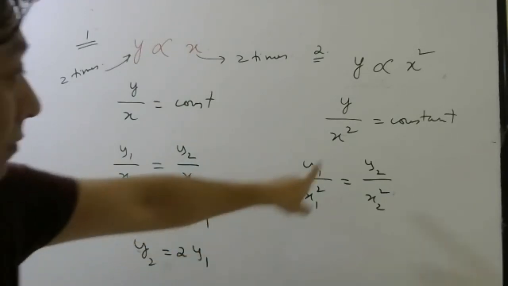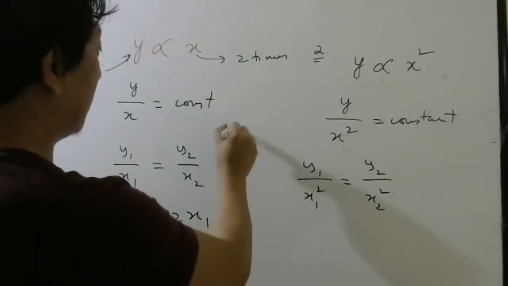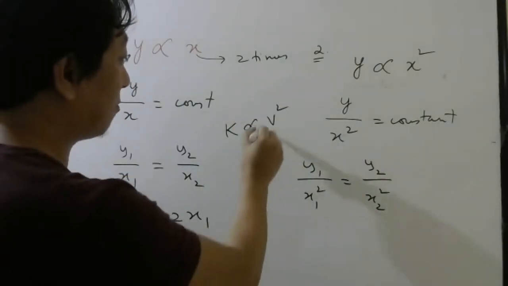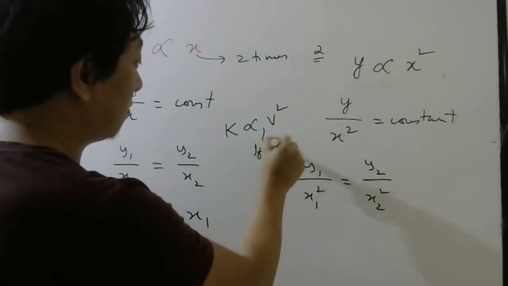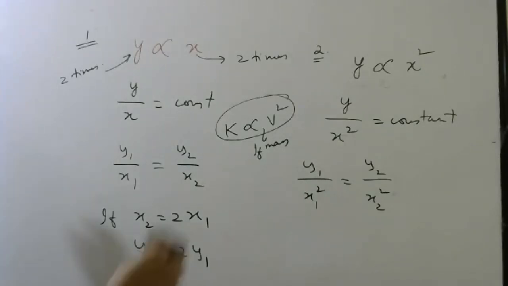Agree? For example, kinetic energy is proportional to velocity square if mass is constant. Many examples are there in physics.